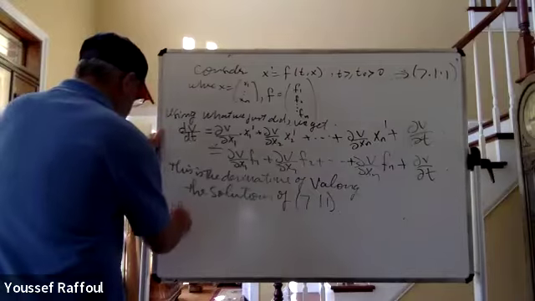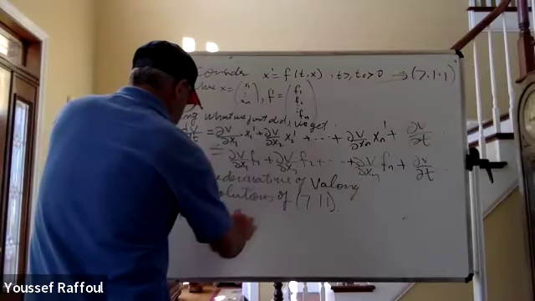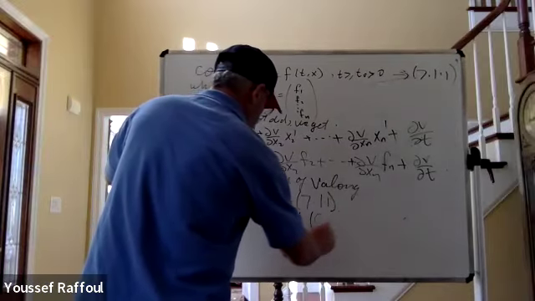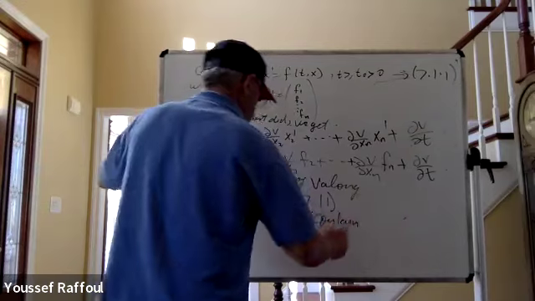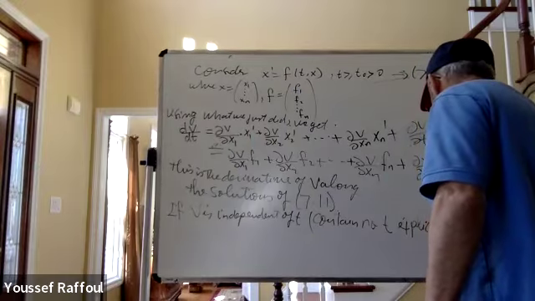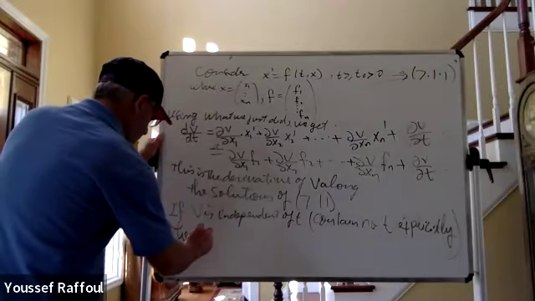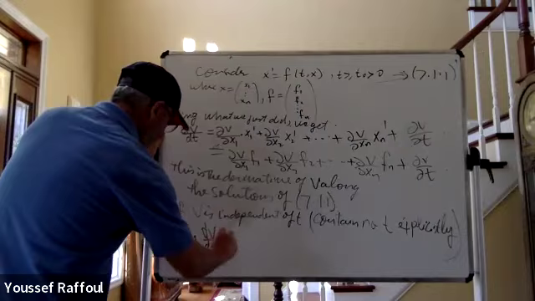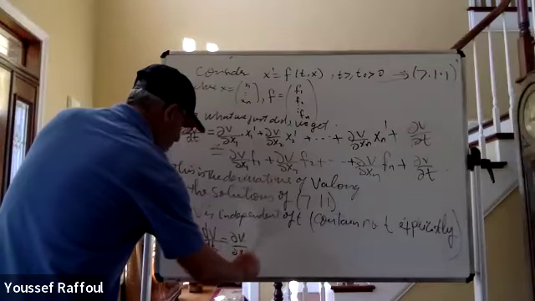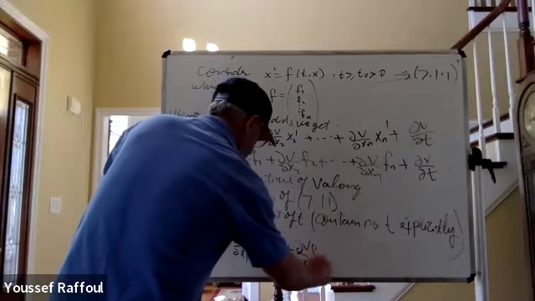Now, if V is independent of t, contains no t explicitly, then dV over dt is del V over del x1 f1 plus del V over del xn fn.